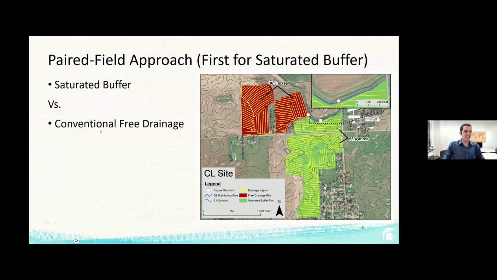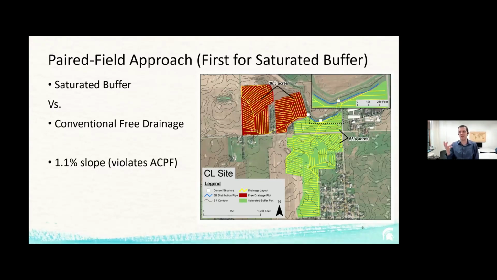Another thing I want to point out is that this field had about a 1.1% slope. If you work with ACPF, which is a tool you can add to ArcGIS to assess the suitability of conservation practices in general, the ACPF follows the NRCS guideline, which says a saturated buffer is suitable for a field that has a 2% slope to about 8%.